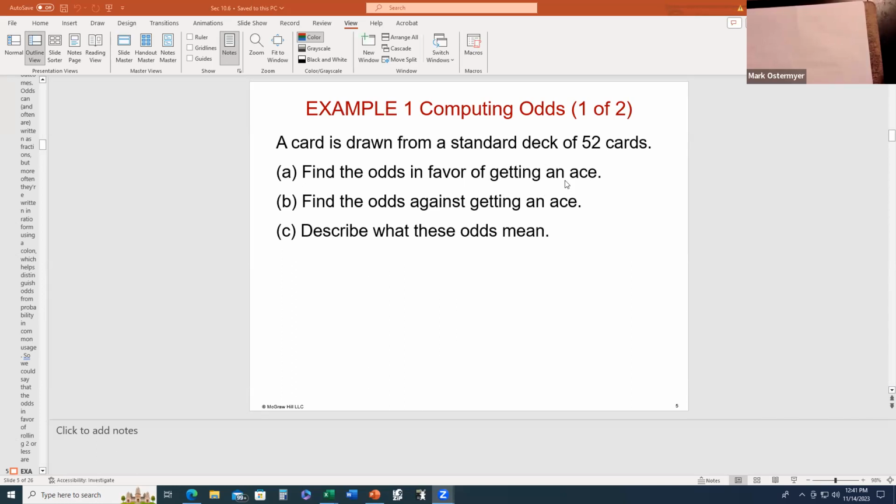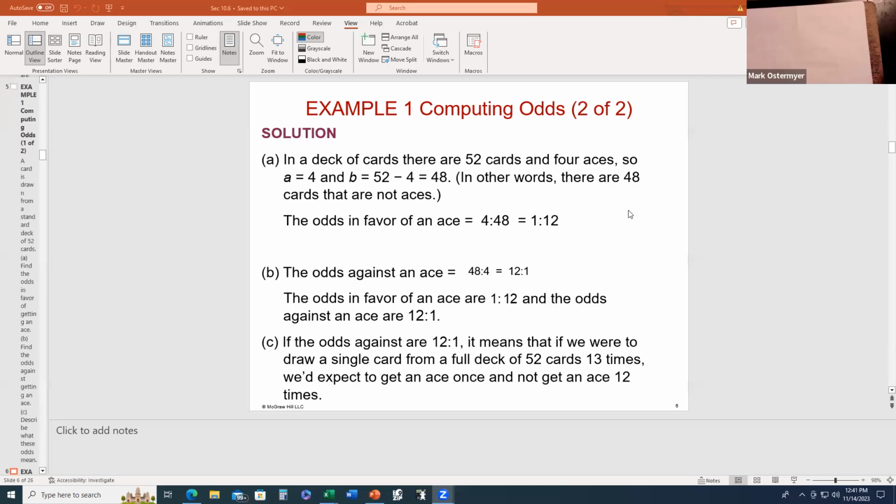There are 4 aces, so there are 4 favorable ways of getting an ace, and 48 unfavorable ways. Therefore, the odds of getting an ace when we select a card at random from a well-shuffled deck would be 4 to 48, or 1 to 12 odds. So the odds of selecting an ace from a randomized deck would be 1 to 12 odds.